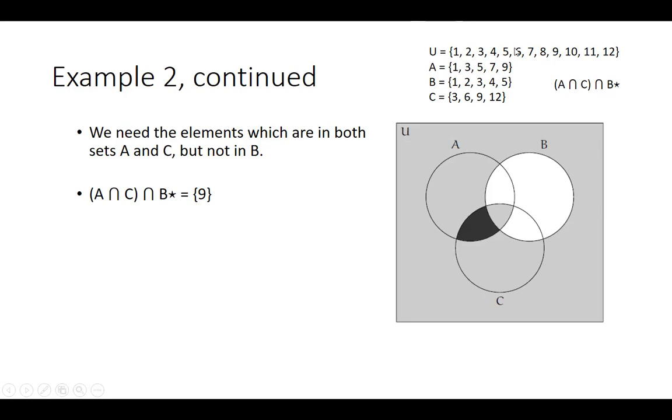Otherwise, you'd have to list out A, list out C, find the intersection, and then list out B star, the things not in B, and find the intersection between the intersection of A and C and B star. Remember, it's always more useful to come up with a picture. And this is a situation where we can simplify it a little bit by coming up with our pictures, in this case, the Venn diagrams.